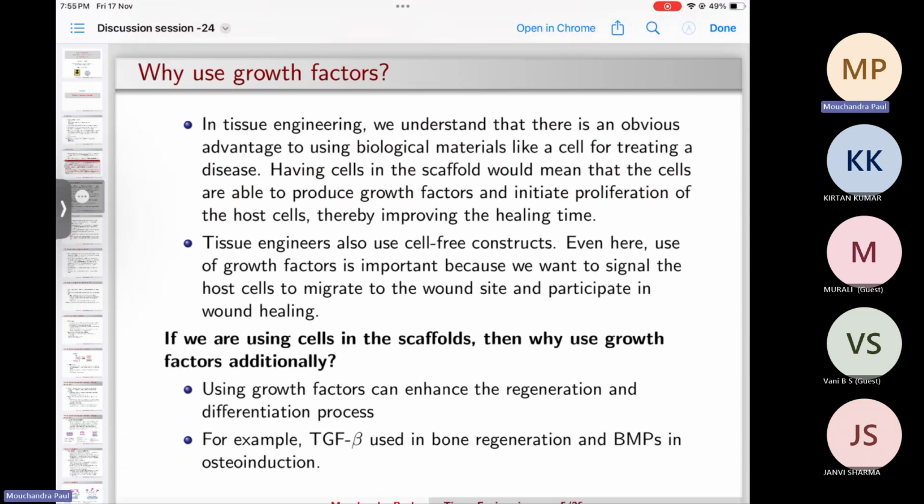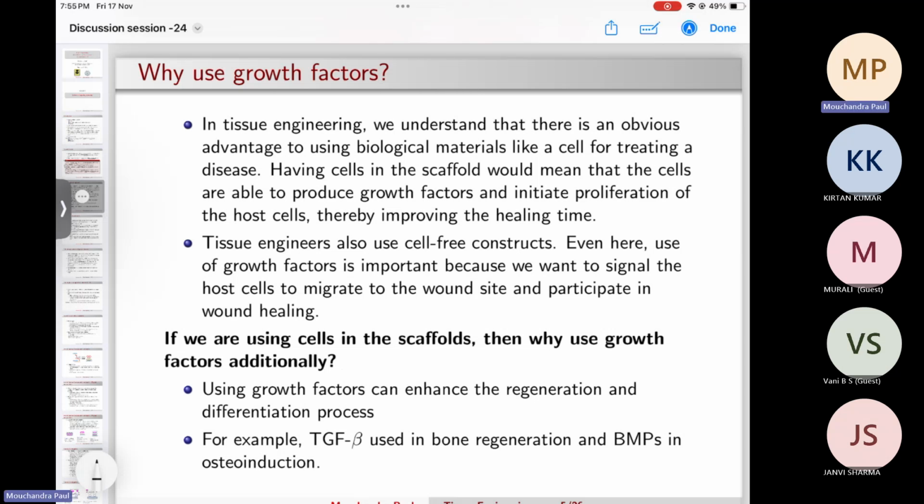Now, why should we use growth factors? Maybe it is obvious to you by now, given how much we have learned so far, but still I will discuss it. In tissue engineering, there is an obvious advantage to using biological materials like a cell for treating a disease. It is advantageous to deliver healthy cells at a disease site.